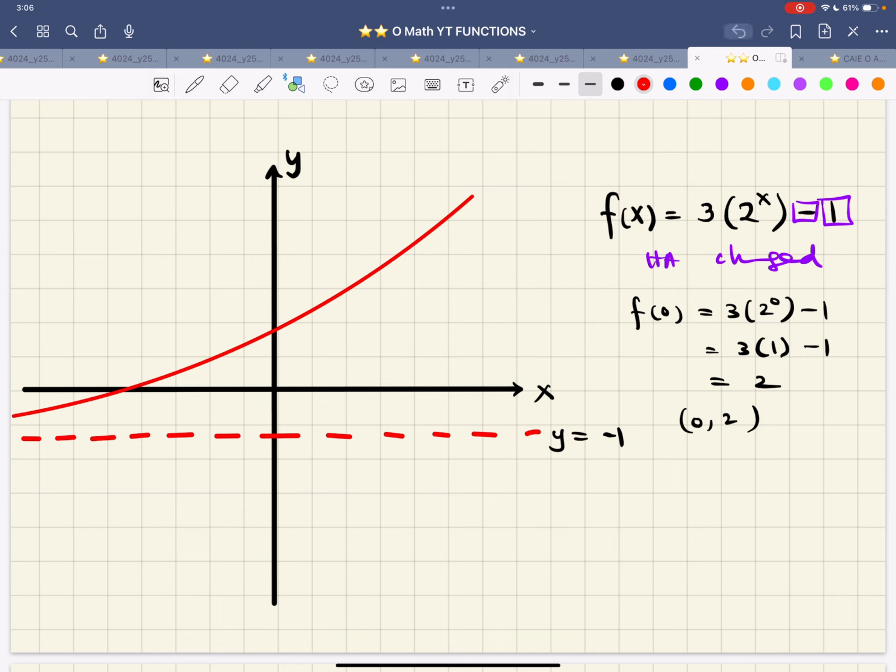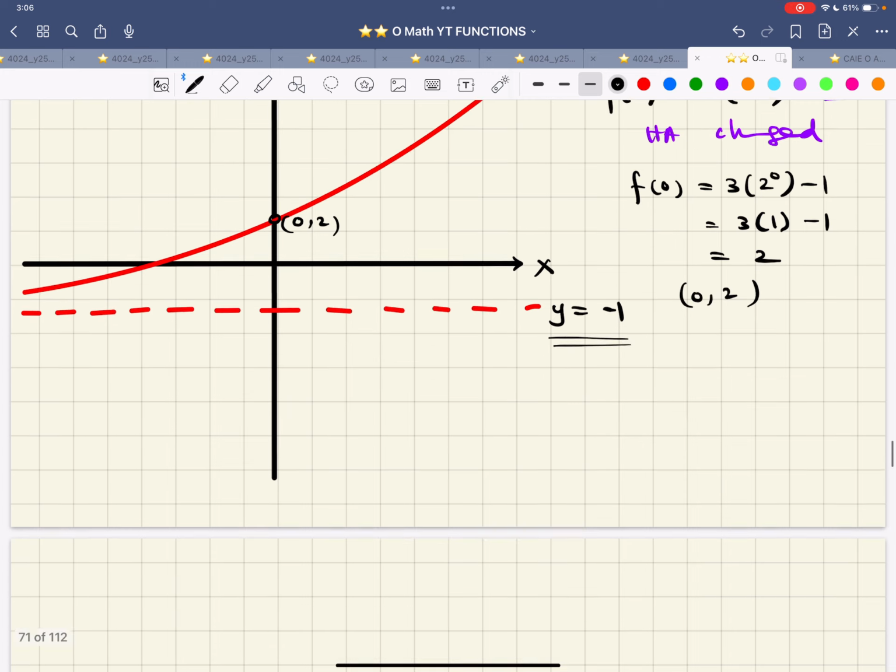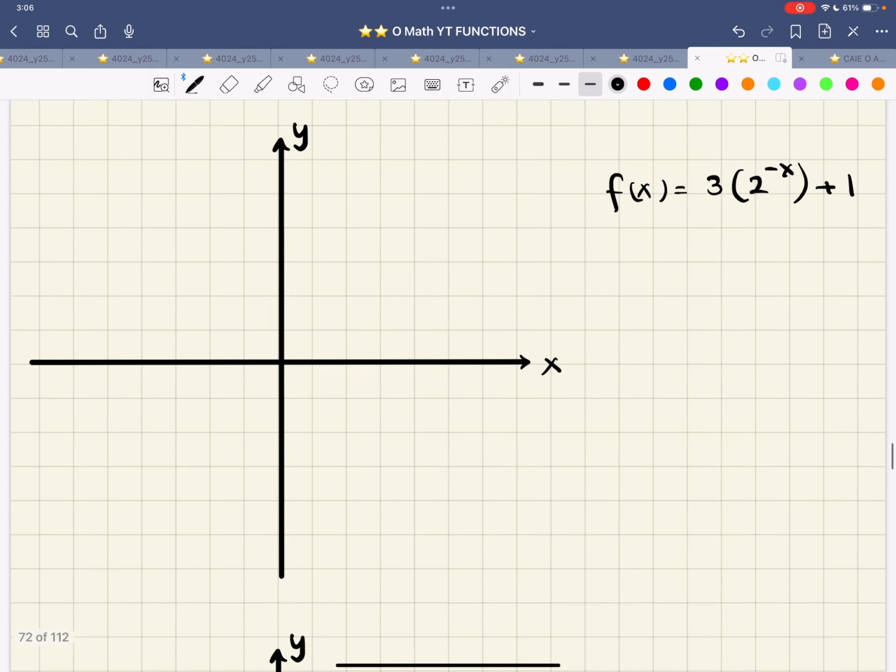It's cutting at 2. Let me make it thicker. Okay. So that is better. So this is 0, 2. And the new horizontal asymptote is this. What about this one? 3 into 2 raised to power of -x plus 1. So when x is 0, f of 0 is 3 into 2 raised to power of 0 plus 1.